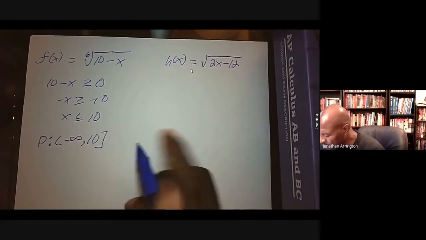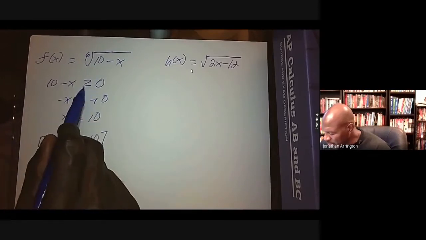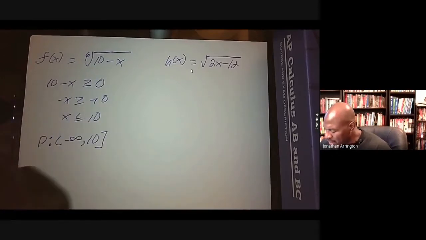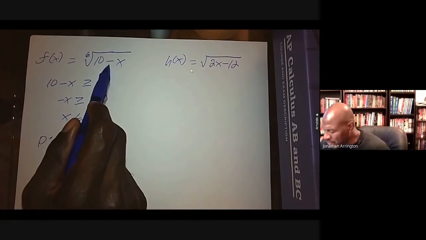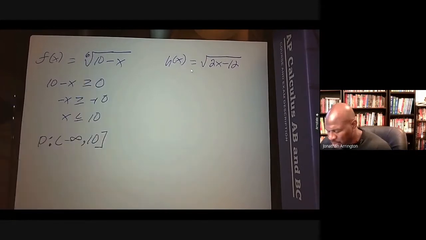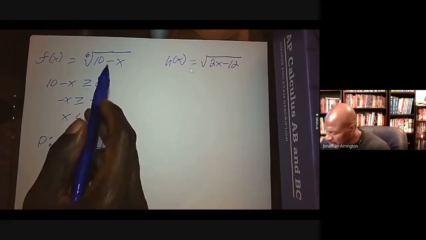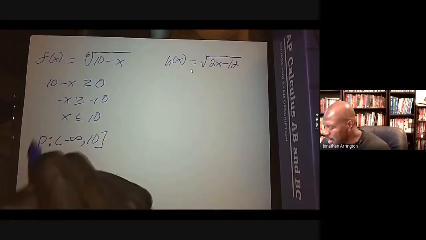Now, you know that these even radical problems deal with greater than or equal to 0. However, if the x has a negative sign in front of it, that means you're going to have to divide or multiply by a negative number to make it positive. And so that's going to change the direction of the inequality symbol.